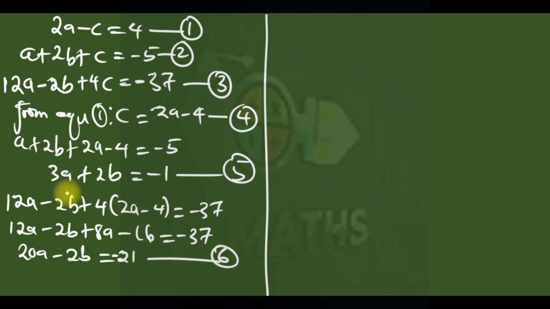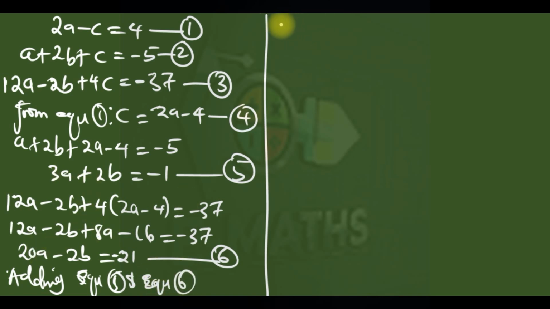So you can easily see that we can solve 5 and 6 simultaneously by elimination. Adding equation 5 and equation 6: 3a plus 20a is 23a, 2b minus 2b is 0, and minus 1 plus minus 21 is minus 22.